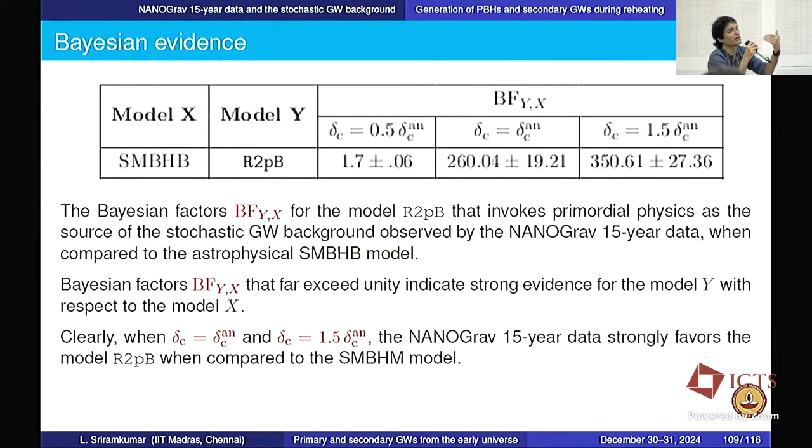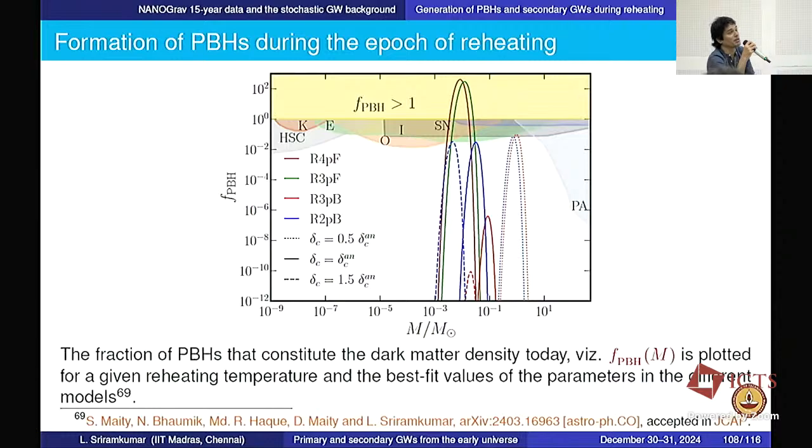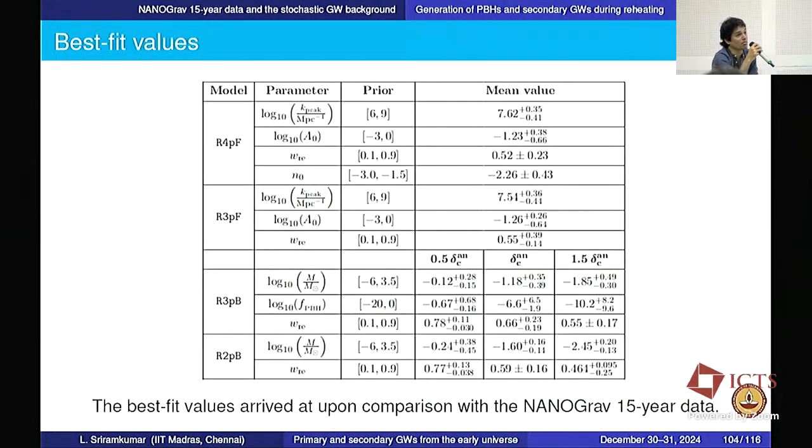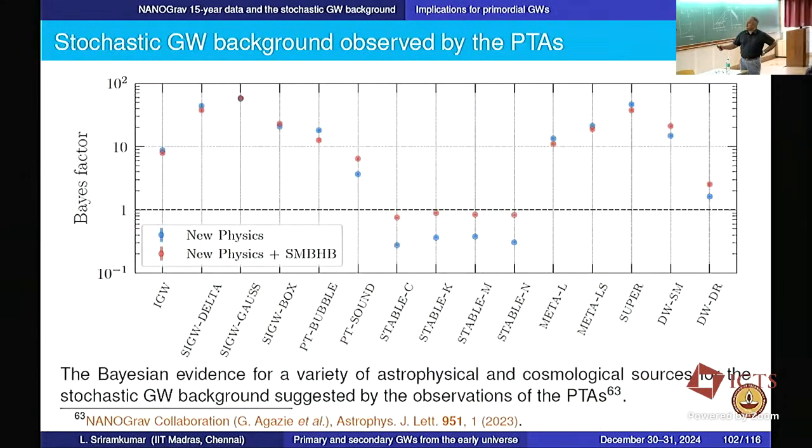If you make a choice and slice it at a certain number of frequency bins, claiming only these bins can effectively contribute because they are really constraining, then these Bayes factors do change by a significant amount. If you pick and choose, then you can do a lot of things. So I'm not very surprised by it, but I do agree that compared to what the PTA groups are putting out, NANOGrav itself had this number.